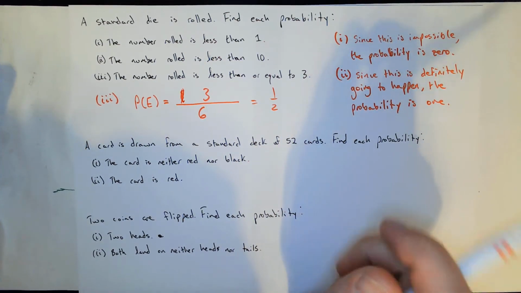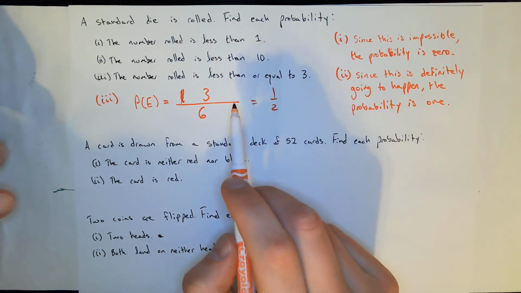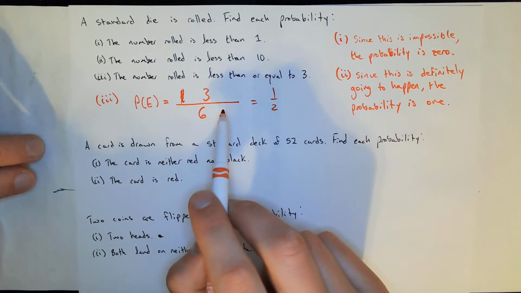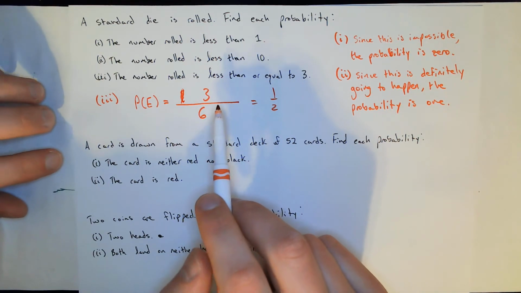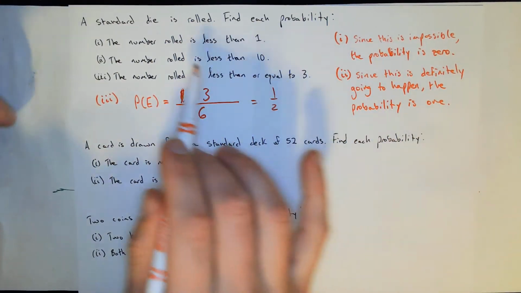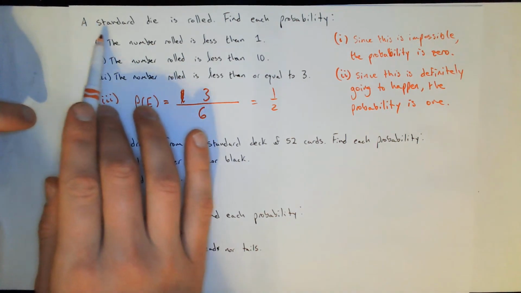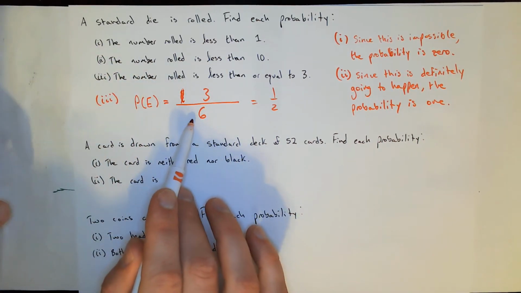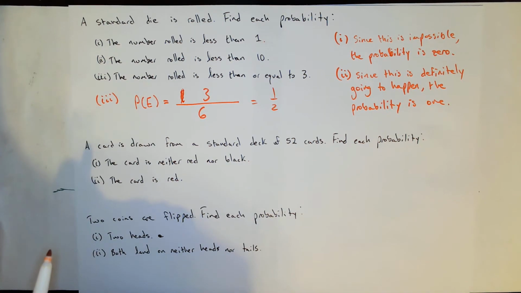The event space is the things that are happening that we're trying to measure, that less than or equal to 3, and the sample space is every possibility in the experiment, which in this case is rolling a standard 6-sided die. That's why it's 6, because there are 6 possible options.